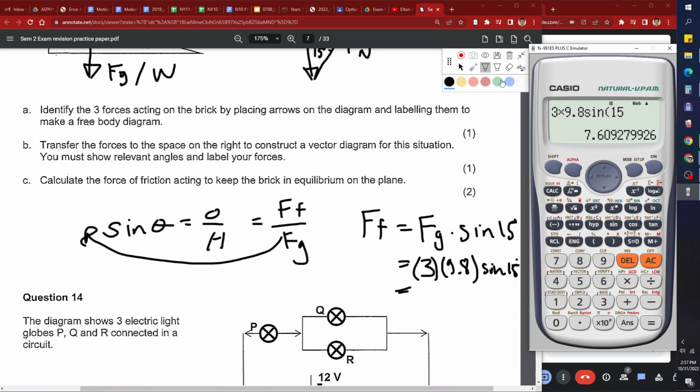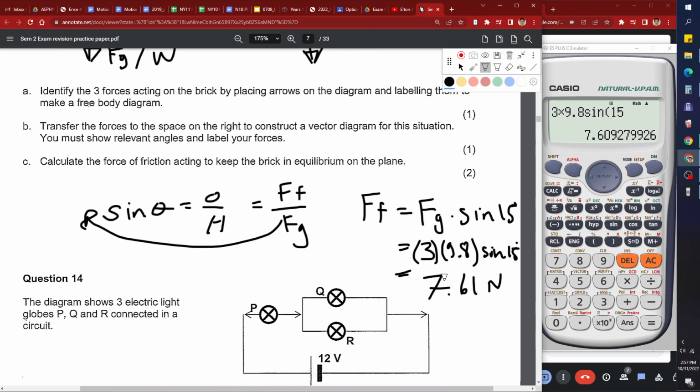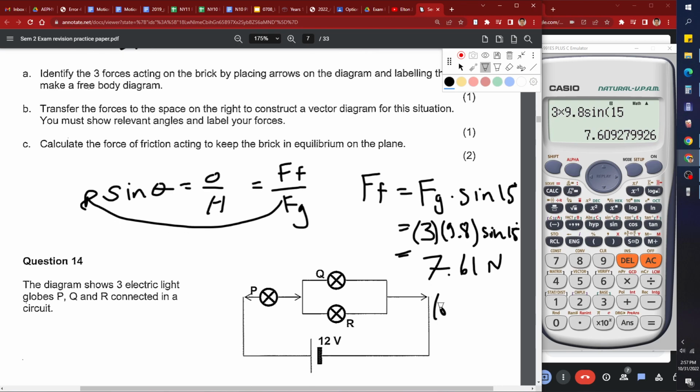Okay, be careful how you write that, and 7 significant figures. Newtons. Up the hill. Okay, if there's a direction, it's along the slope. Along the slope. Sorry about my writing. That's it.